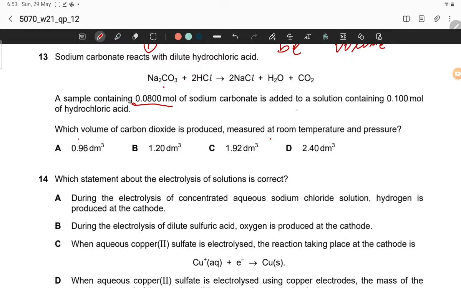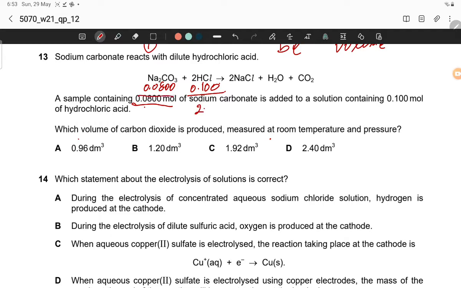So this is 0.0800 and this is 0.100. So find out the limiting reactant.